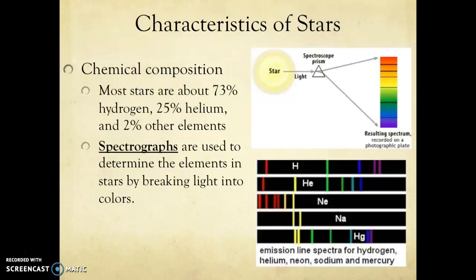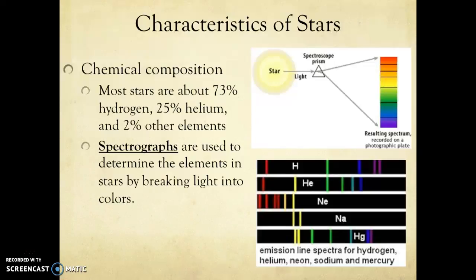What a spectrograph does is basically it takes a picture of the star and it takes that light that's given off and it breaks it down into different colors. And off to the side you can see what we call an emission line spectra. And basically, this is what a spectrograph does.